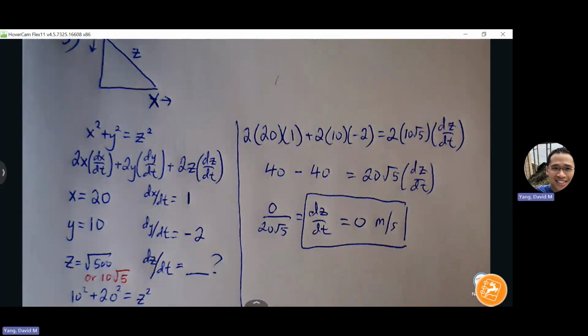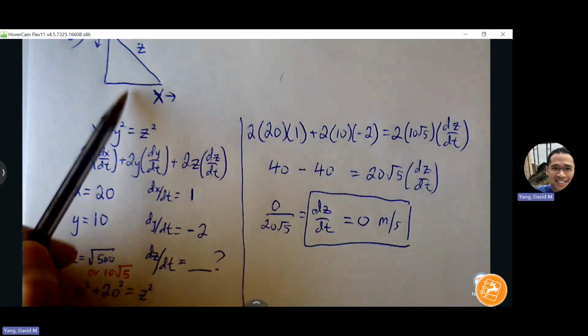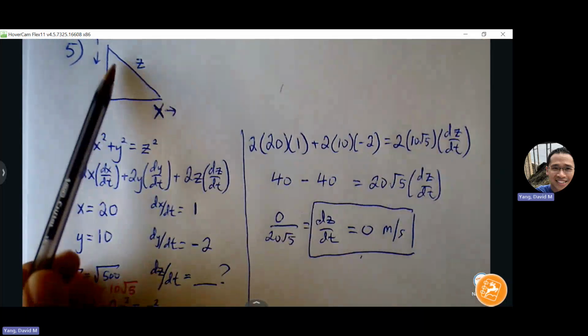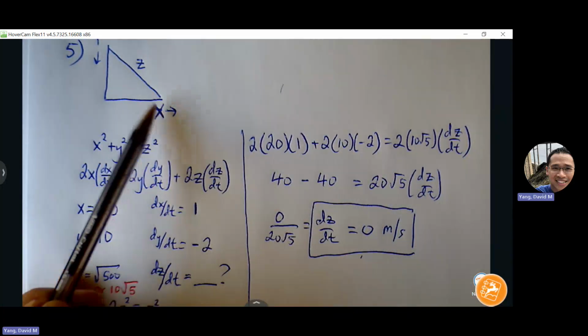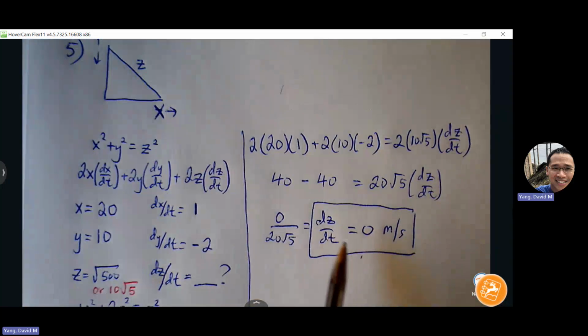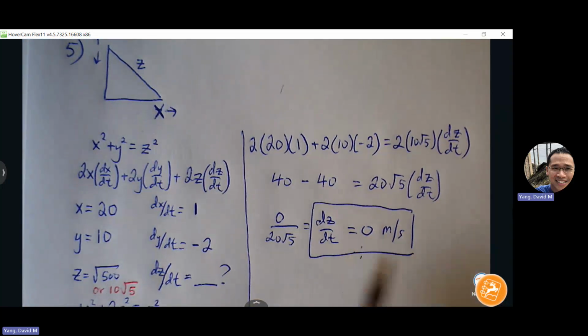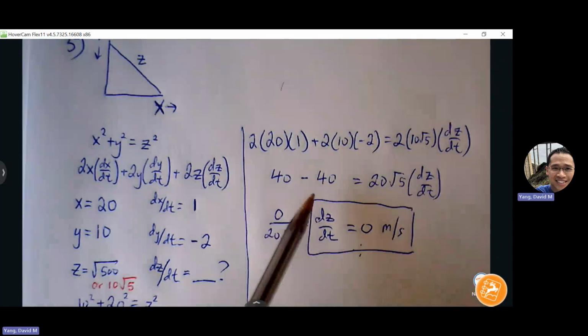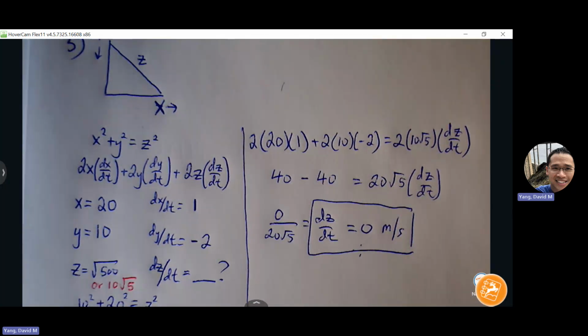It just so happens that at this moment in time, that rate of change is 0. But if we pick up at any other time, dz/dt is going to be either shrinking or increasing, right? So this is just a coincidence for this moment in time. dz/dt is changing, probably because it was increasing and all of a sudden it's about to decrease. So there's that interchange where it's going to experience 0 meters per second. But typically, especially with all three sides changing, we can expect dz/dt to be a non-zero value usually.